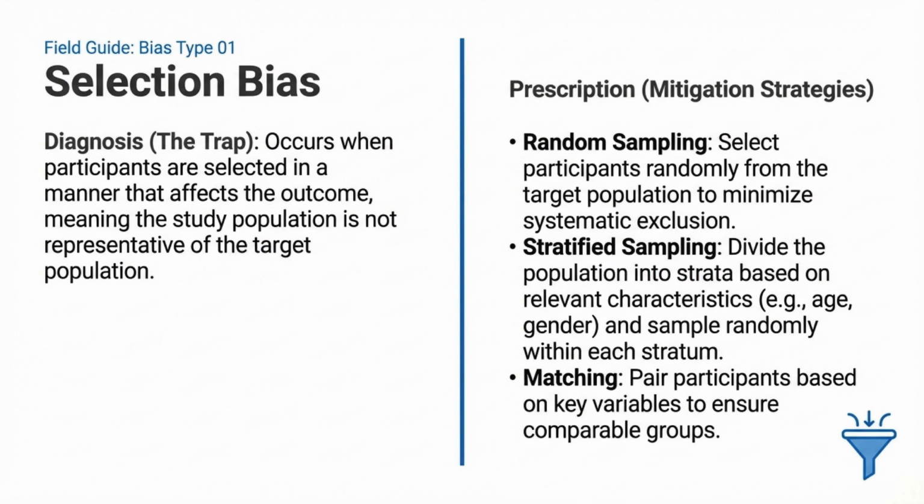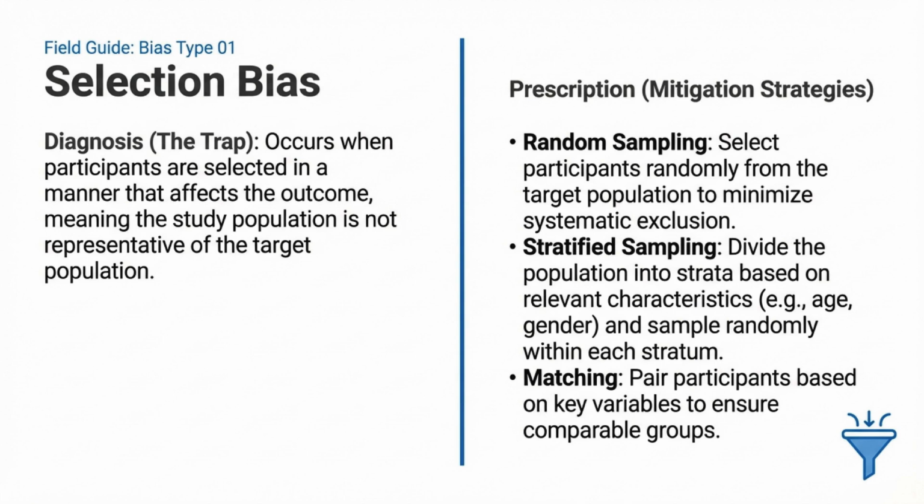This occurs when the participants you select for your study do not actually represent the target population. If you select participants in a way that affects the outcome, you've introduced a systematic error before you've even collected a single data point. How do we fix this? First, random sampling. By selecting participants randomly, you minimize systematic exclusion. Second, stratified sampling.